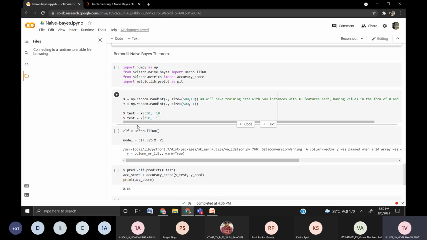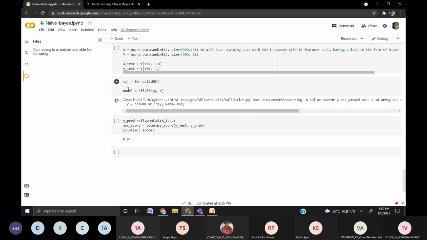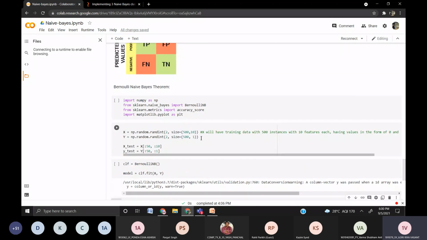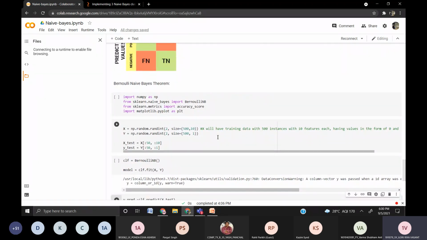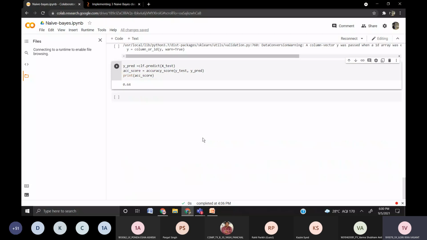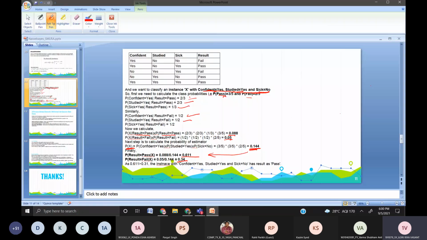We import the Bernoulli naive Bayes algorithm from sklearn, and when we fit the data and predict, we get an accuracy score of 0.64. That's fine because we have a small data set, not exactly small, but given that pre-processing is not done, 0.64 can be classified as a decently good accuracy score.